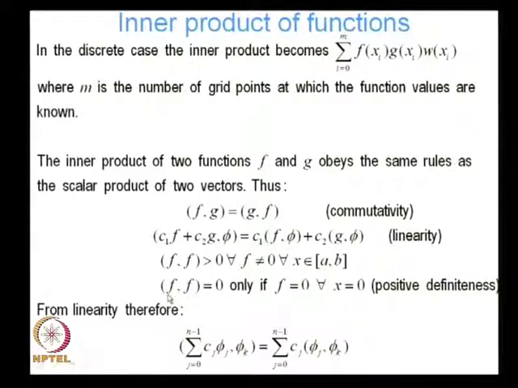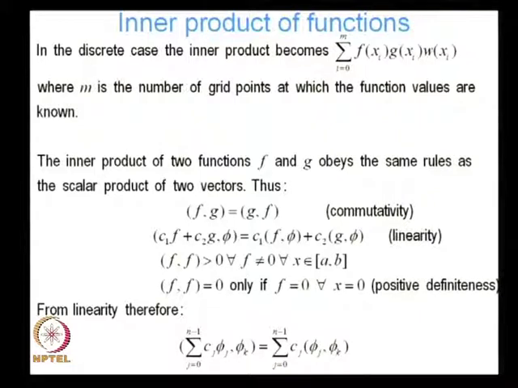Inner product of f and f is always greater than 0 for any f not equal to 0. When I say a function is not equal to 0, I mean the function is never 0 at any point in its domain, right, and its domain being the interval on which it is defined. So, for all x belonging to [a, b], f is not equal to 0, only then do I say that f is not 0, right.